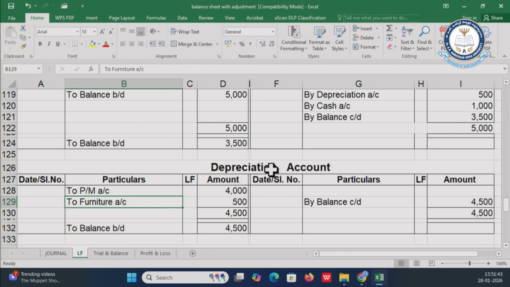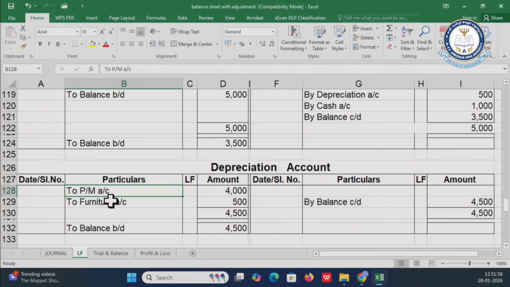But we calculate depreciation on the plant and machinery and furniture and fixtures. Why? Because these are depreciable assets. The value of these assets gets deteriorated with the passage of time due to wear and tear. Therefore, we have taken only these two types of assets. We have not considered the other types of assets.